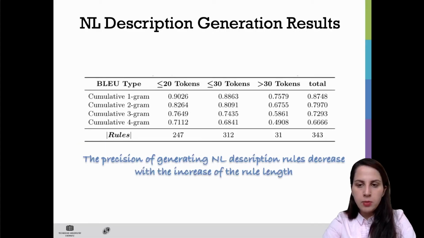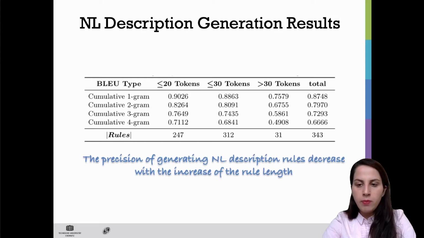In the second experiment, the performance of the generated natural language descriptions is evaluated. For this, two domain experts manually wrote their natural language description of the rules for each ontology in the evaluation dataset.